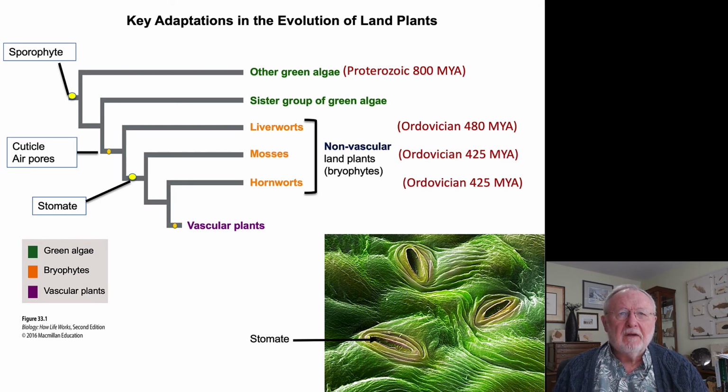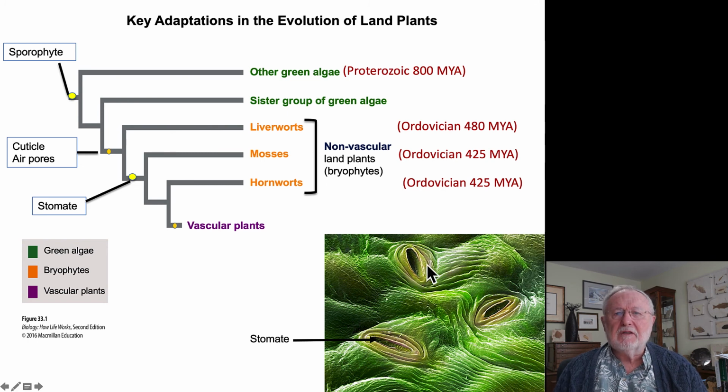So if we begin now to look further into the key adaptations in the evolution of land plants, we see that the first feature that separated the algae in aquatic environments from the terrestrial environments was the presence of a cuticle on the surface and air pores. The second feature which then evolved was the presence of a stomate.